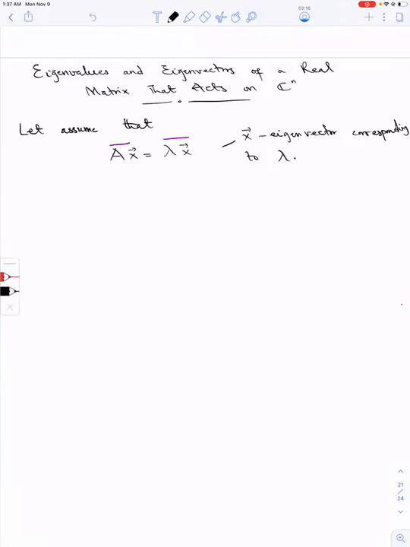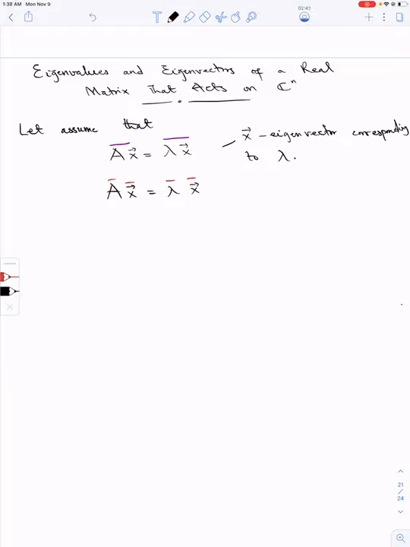Now, on the left hand side, here we have the conjugate of A times the conjugate of x, and on the right, similarly, we are going to have lambda bar times the conjugate of x.